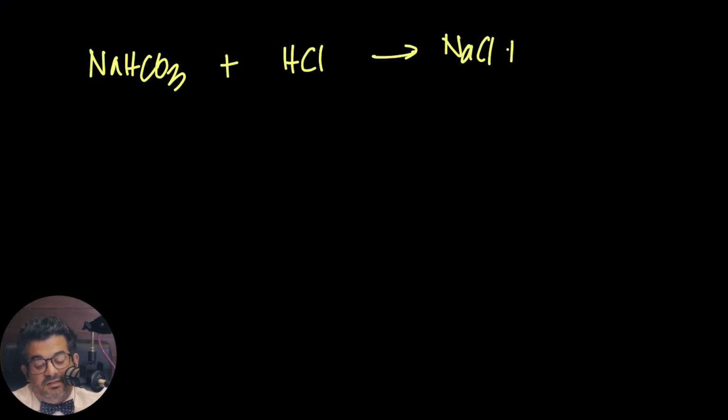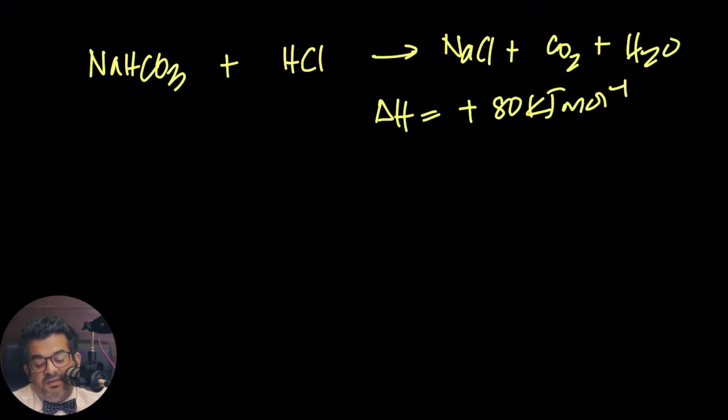Okay, so take this reaction. Sodium hydrogen carbonate plus HCl, because that's the reaction I know, that's endothermic. So this delta H is, let's say, plus 80 kilojoules per mole. I don't know what it is, but it's called plus 80. Okay. So now, you can't look in terms of bond. The bond forming, bond breaking is only applied to covalent compounds when they give you bond energy.